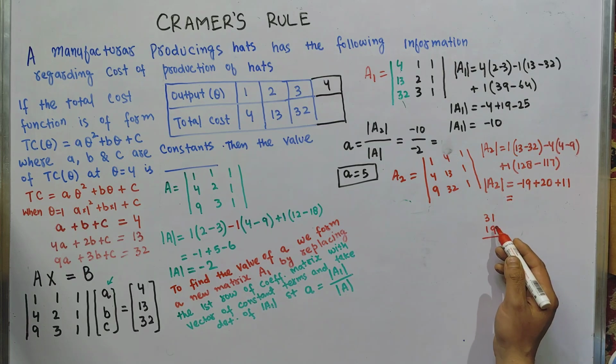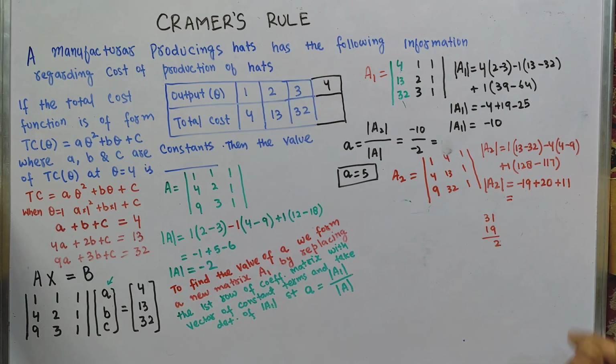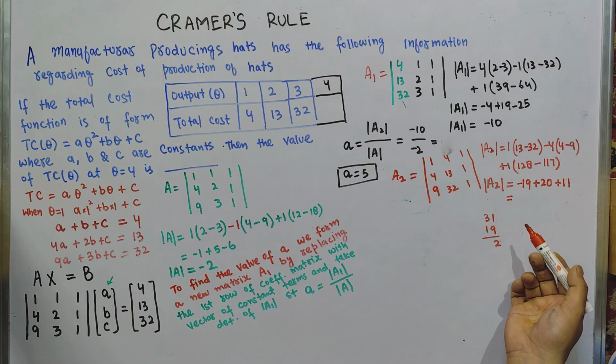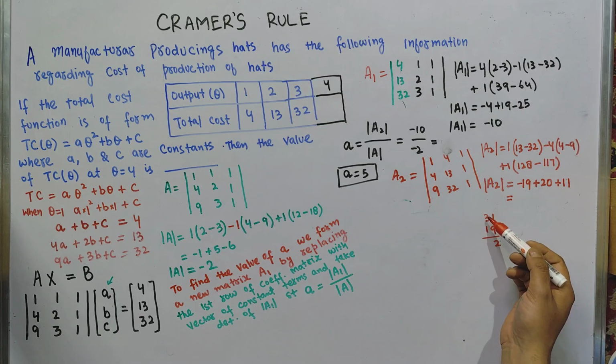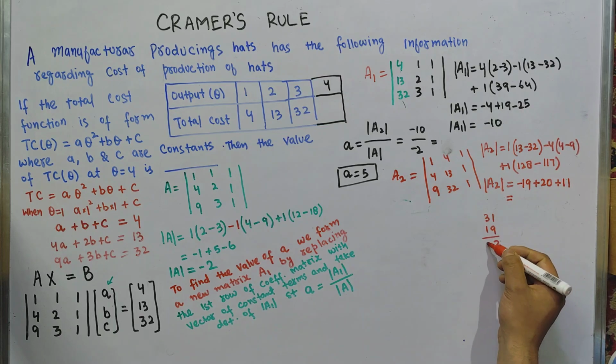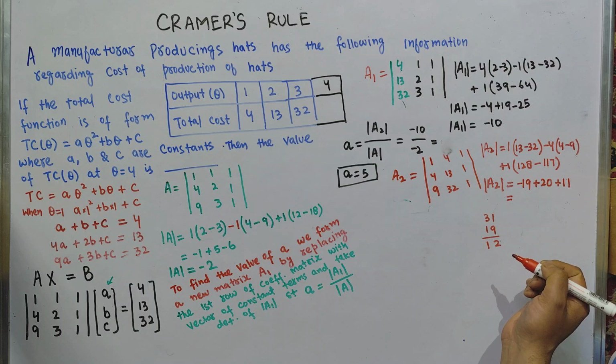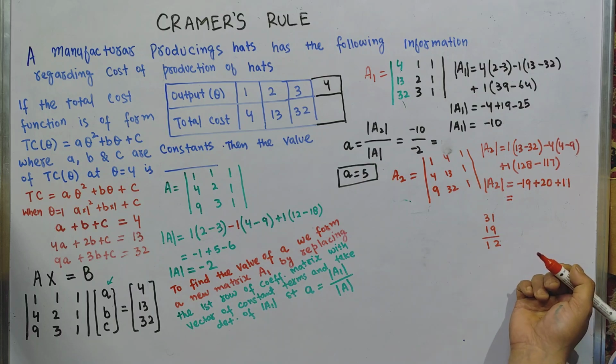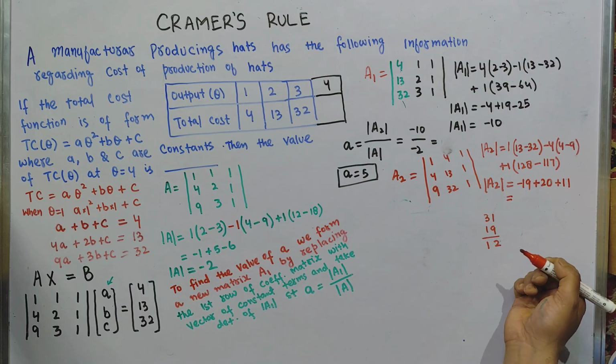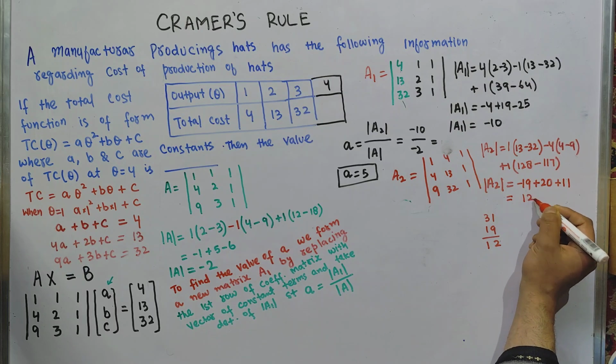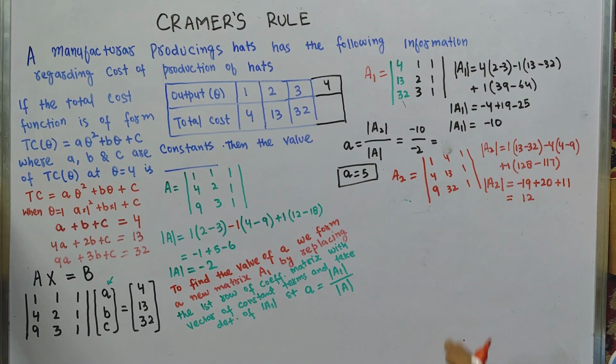So 31 minus 19 is 12. Why I'm getting stuck here, I don't know. So actually we are getting plus 12 here. I hope I have done the correct calculation here.